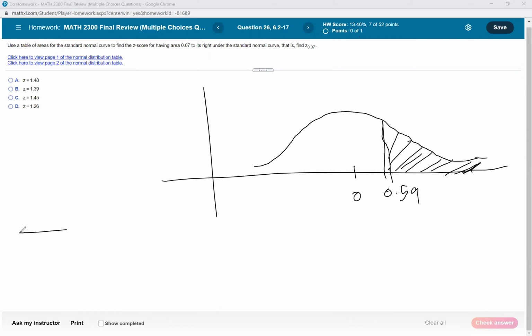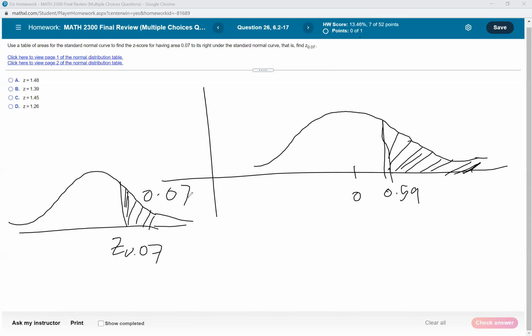On the normal curve, we need to find the point where this area is 0.07. The area on the left side is then 0.93, since the total area is 1.